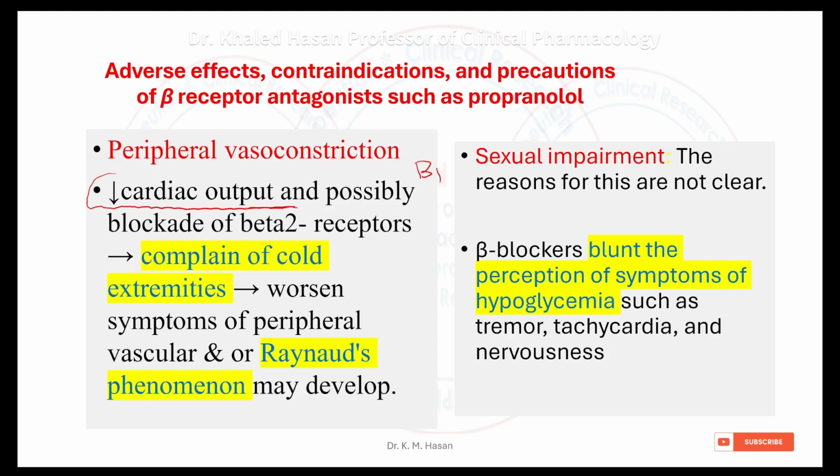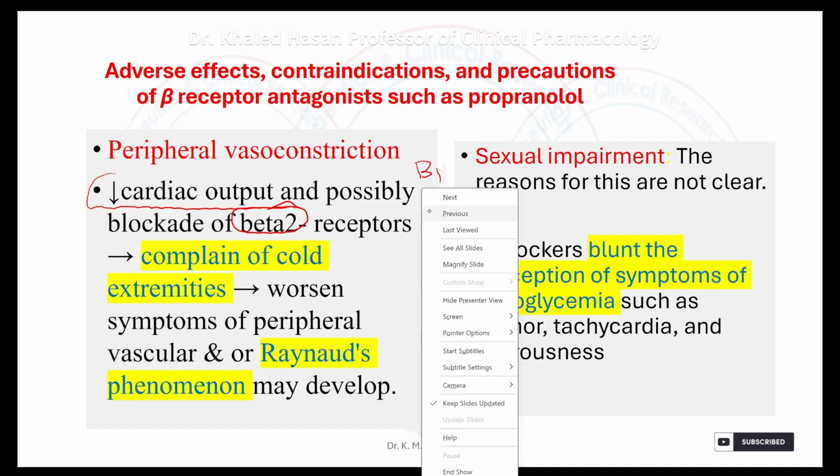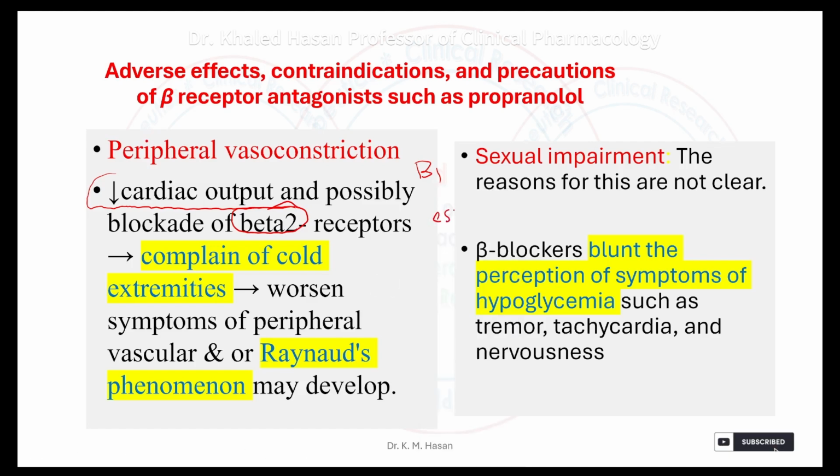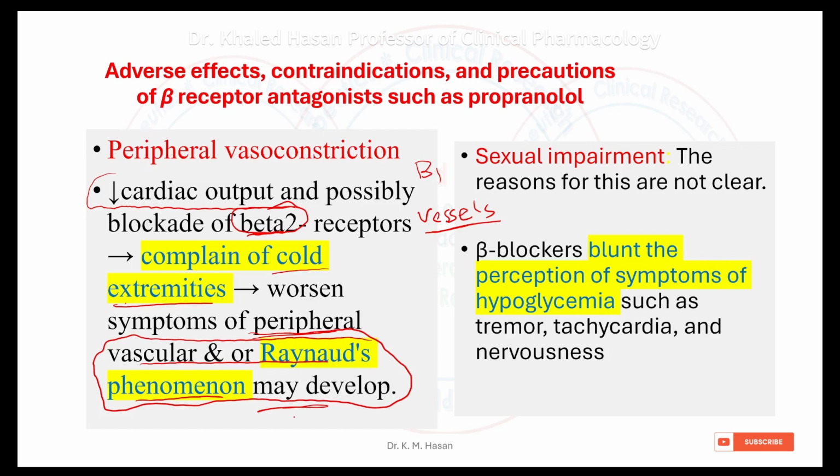But if you block beta 2, which is available in the blood vessels, this will lead to vasoconstriction and the patient starts complaining of cold extremities, and this worsens the symptoms of Raynaud's phenomenon. If the patient suffers from peripheral disease, we don't recommend using non-selective beta blockers like propranolol.